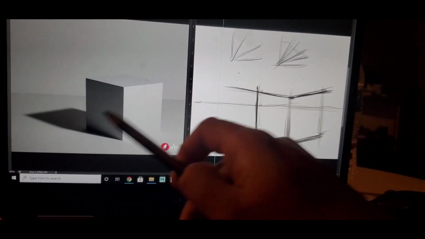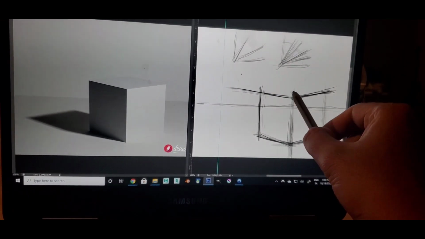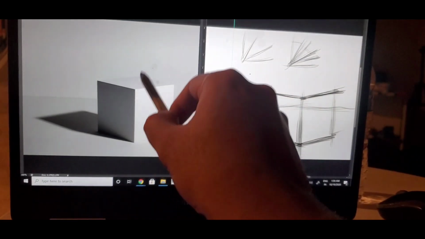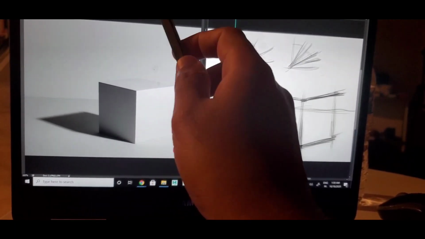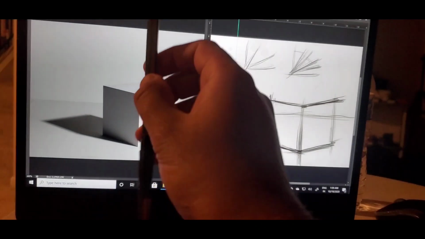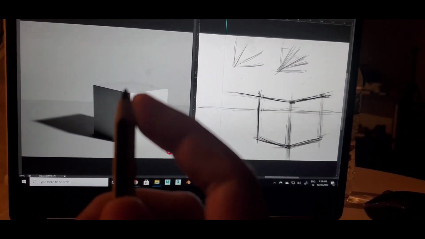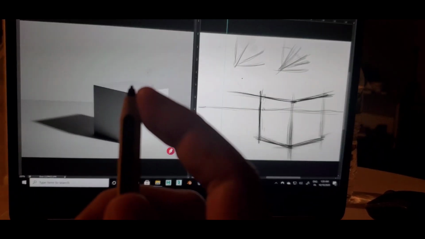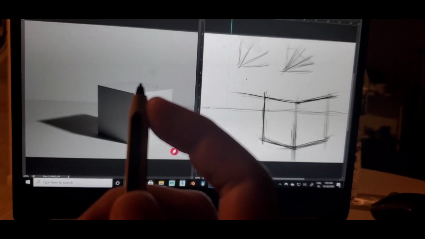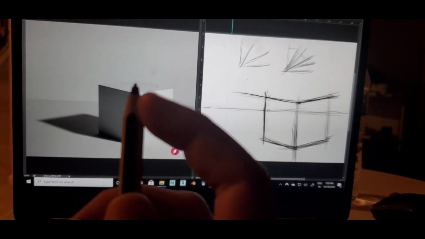Now we have to analyze this point over here, this distance over here. Okay, so to get this distance, sometimes this will be very tough to analyze because, for me, I'm drawing this digitally, and I'm struggling to get the accuracy.